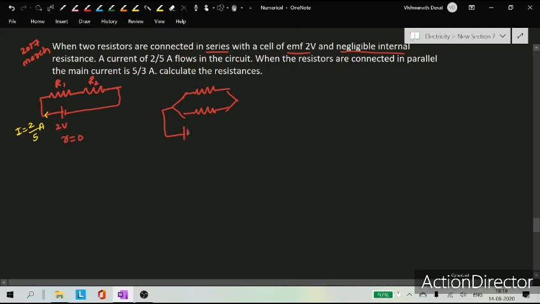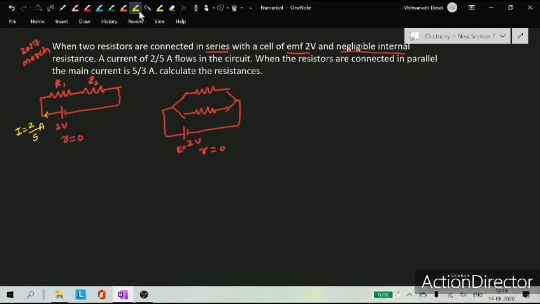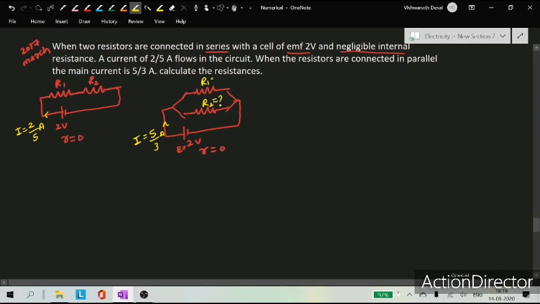Connected to the same cell, it is 2 volt and internal resistance is 0, EMF is 2 volt. The current comes out to be, in parallel, 5 divided by 3 amps. Calculate the resistances. So what is the value of R1 and what is the value of R2? They are asking it. So we have to use these two circuits and solve it.